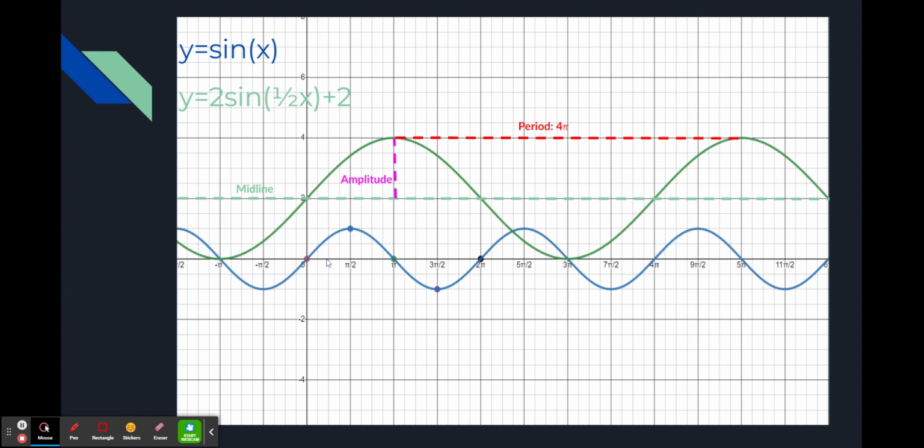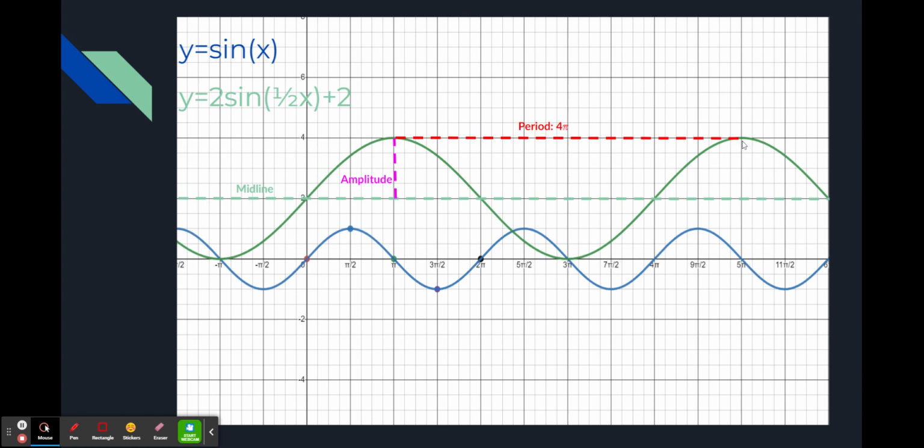Now, the period, you can see it's 4 pi because you just count 1 pi, 2 pi, 3 pi, 4 pi. The period is the distance of a complete cycle. And what's a complete cycle? It's when all the 5 coordinates that you placed down make a complete curve.